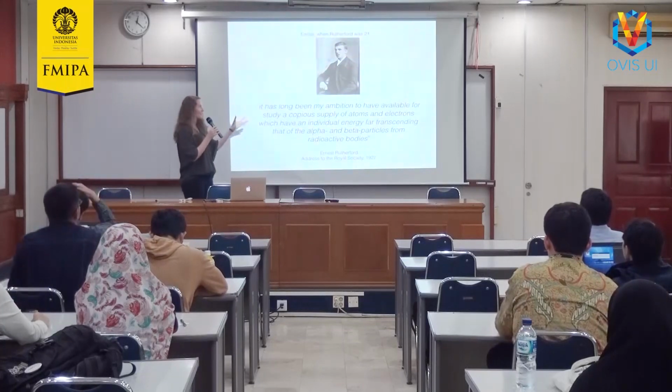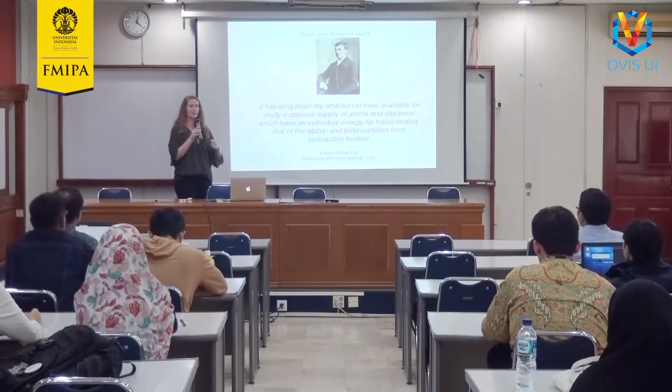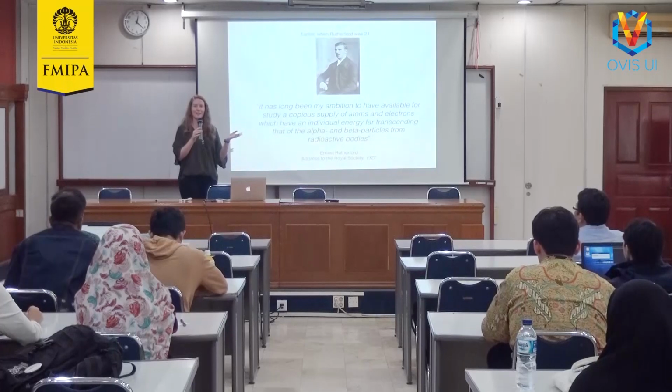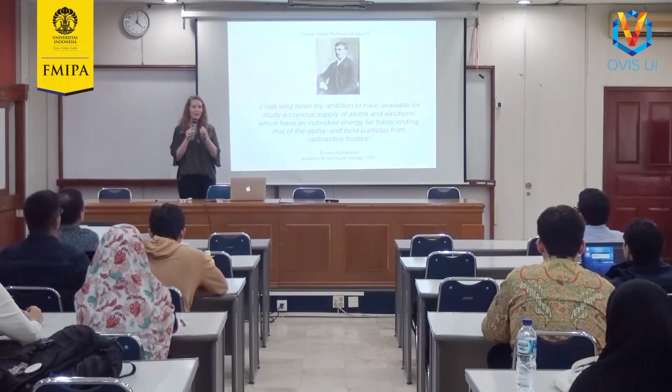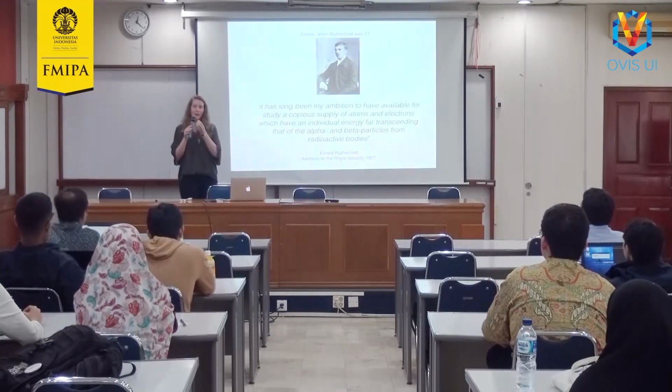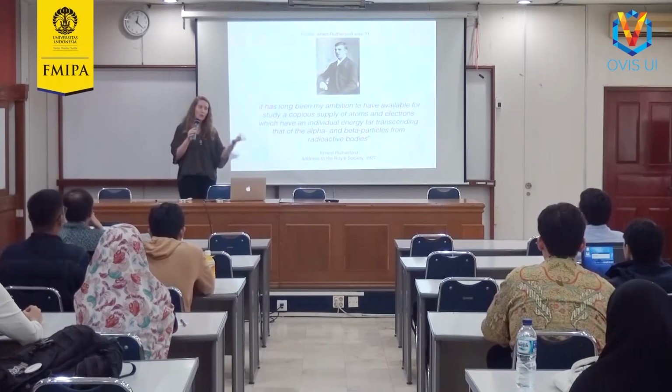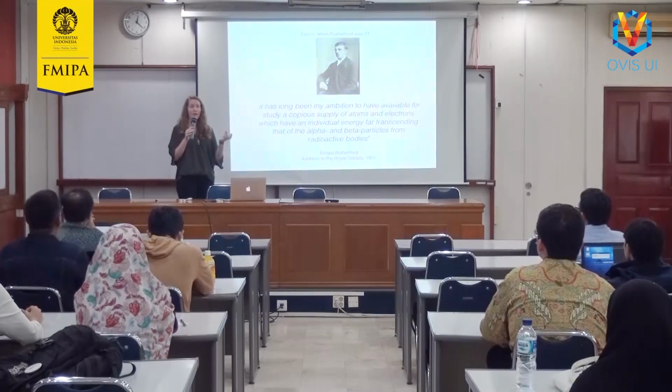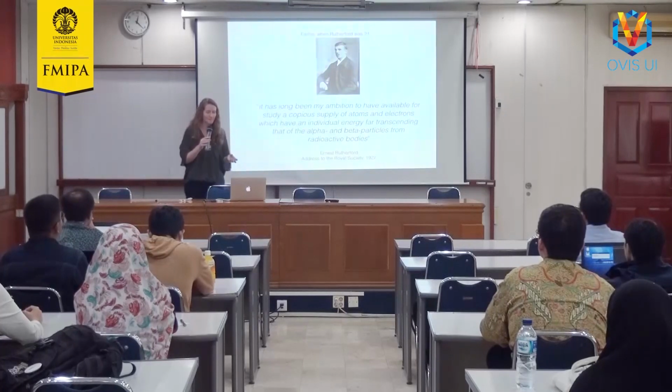So this is commonly held as the first time that someone has stood up and said, we need particle accelerators. We need a machine that can take atoms and electrons and make them faster or give them more energy than they have naturally from radioactive decay.